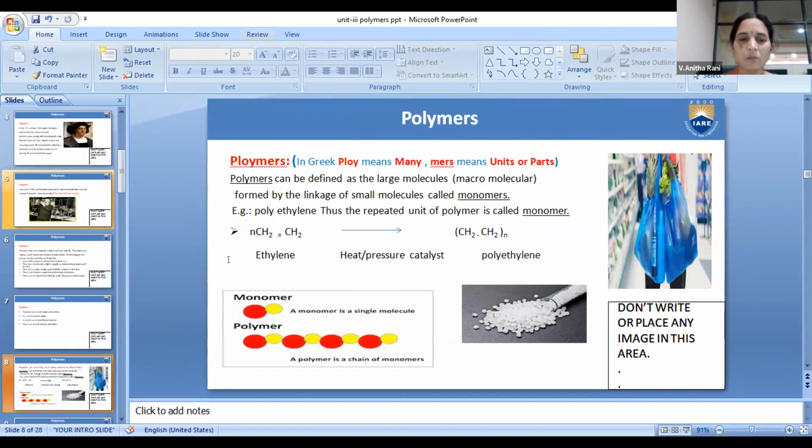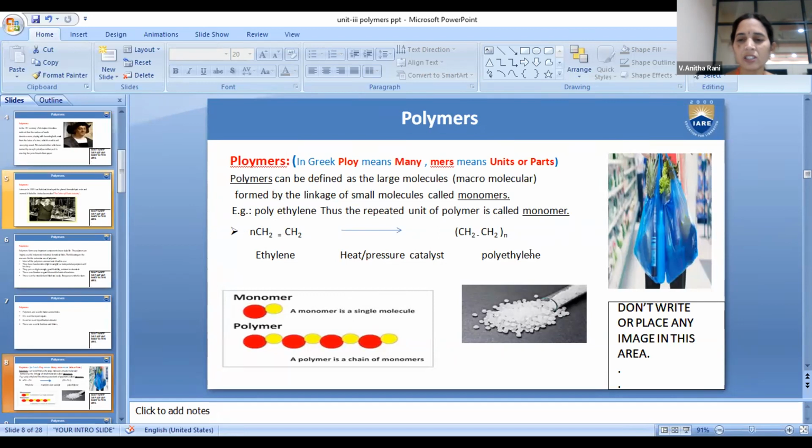One simple example I have given here. By taking a number of ethylene molecules, n, I wrote here. Before the monomer, we write n. n indicates many. So we take n number of ethylene molecules, add them together, and apply heat, pressure and catalyst, and we obtain polyethylene.